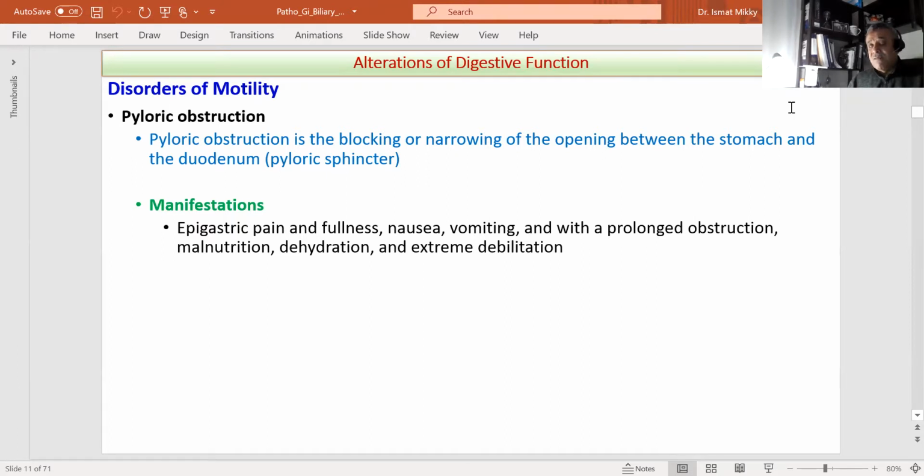Projectile vomiting is a cardinal sign of pyloric obstruction. So anytime we see pyloric stenosis or obstruction, the cardinal sign and the major manifestation of this disease is projectile vomiting.